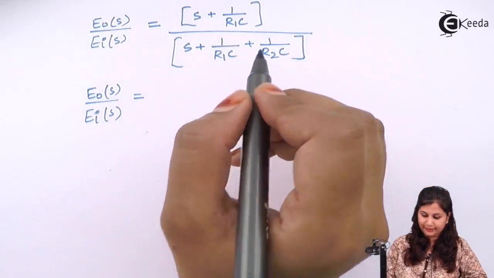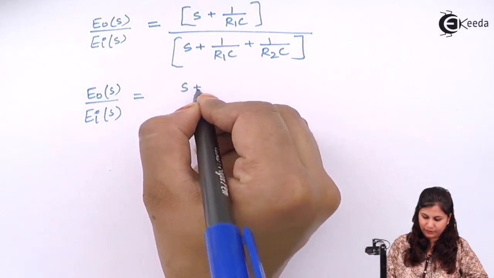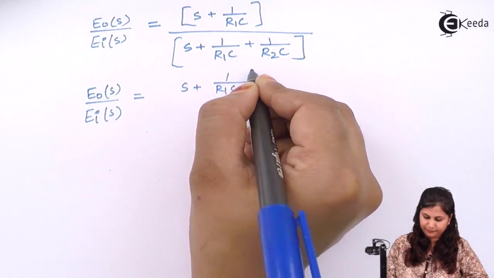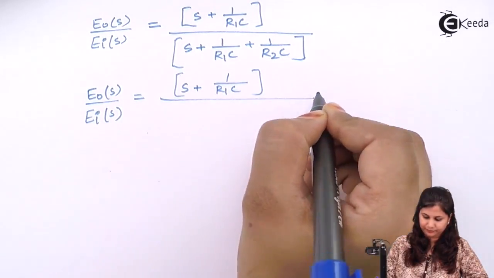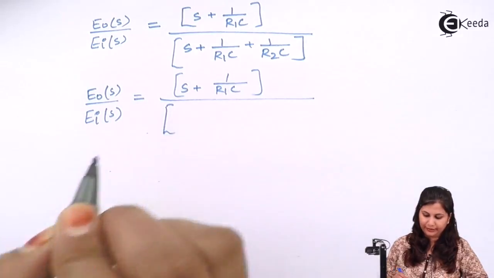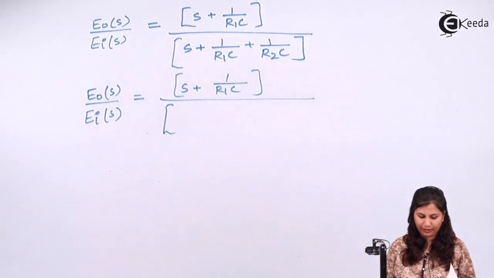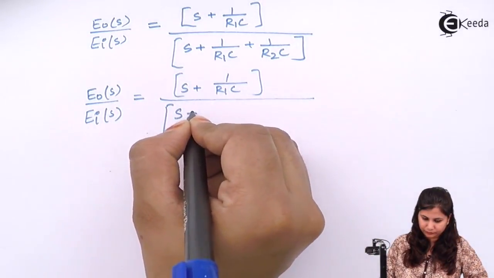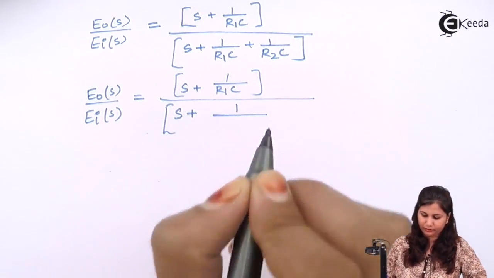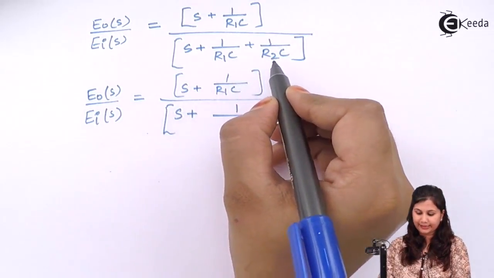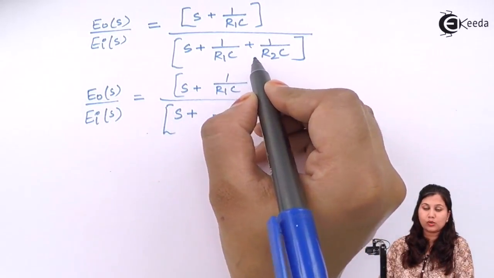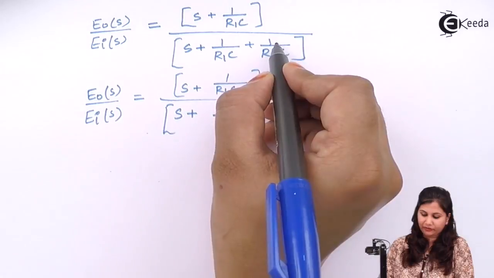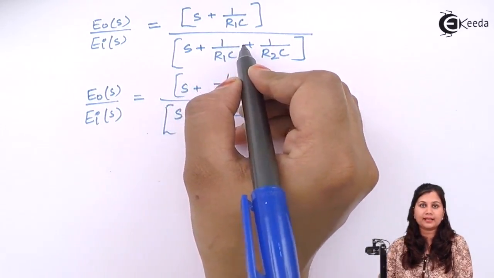Now take the LCM. We have S plus 1 upon R1C, and in the denominator we are going to have S plus 1 upon... When we take the LCM, we will have R1 R2 C, and in the numerator we will have R1 plus R2.